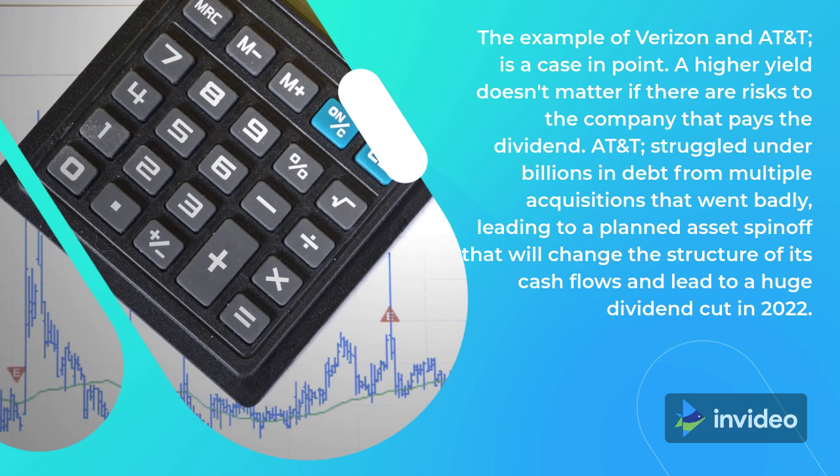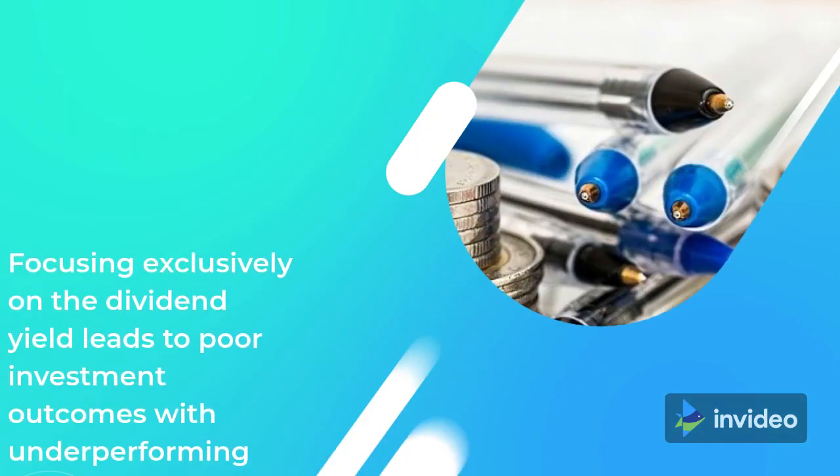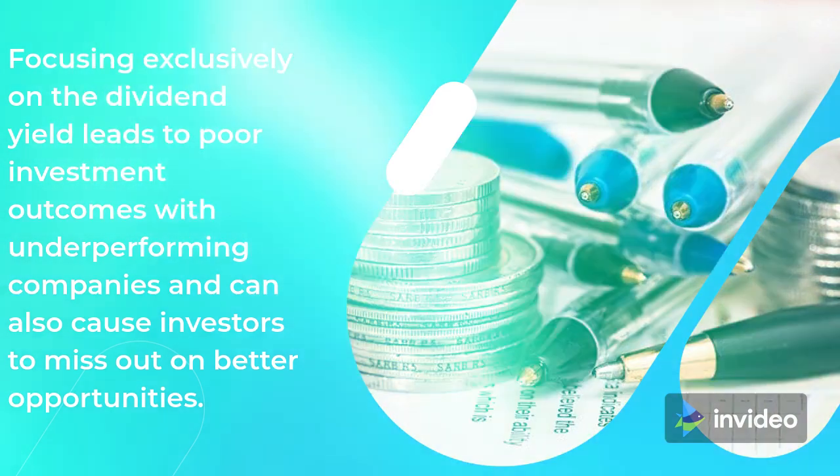AT&T struggled under billions in debt from multiple acquisitions that went badly, leading to a planned asset spin-off that will change the structure of its cash flows and lead to a huge dividend cut in 2022. Focusing exclusively on the dividend yield leads to poor investment outcomes with underperforming companies and can also cause investors to miss out on better opportunities.